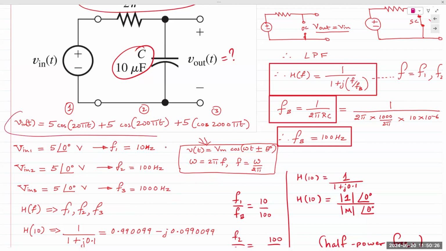Oh, this one? That is the input signal that is given to us. Yeah, that's the input signal V in of t that is given. Let's see, any other questions? Yeah.